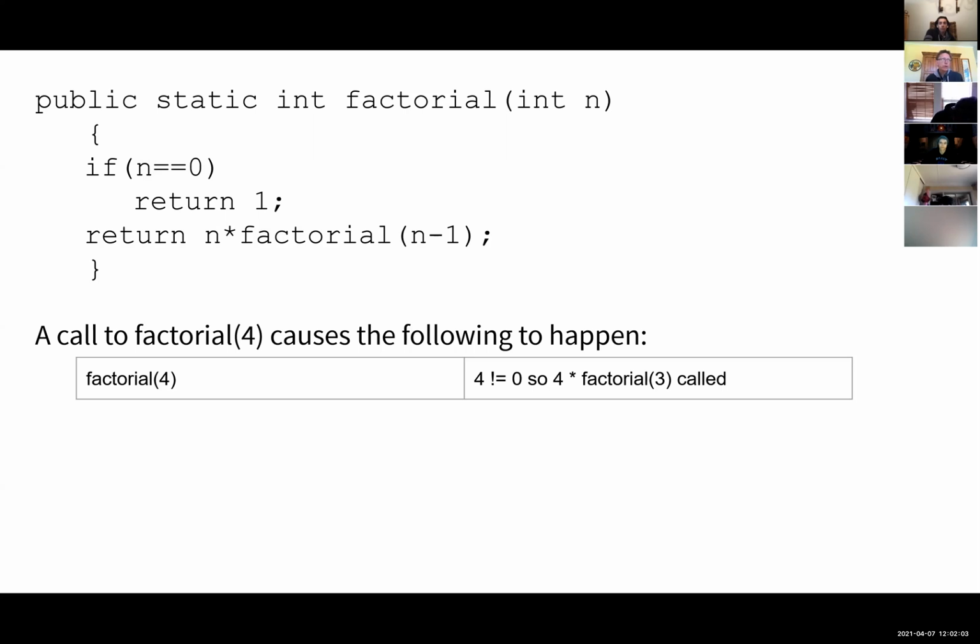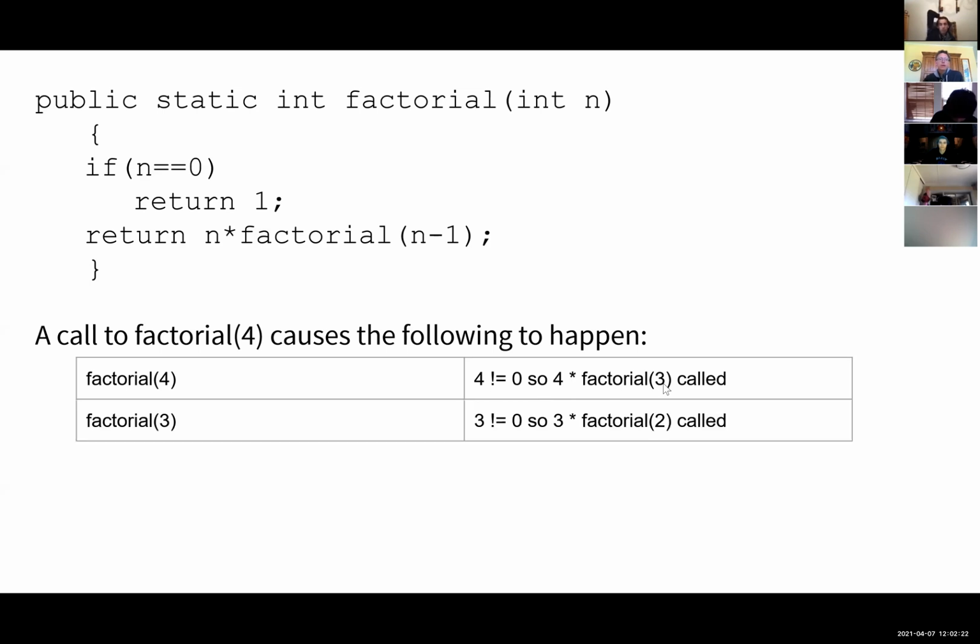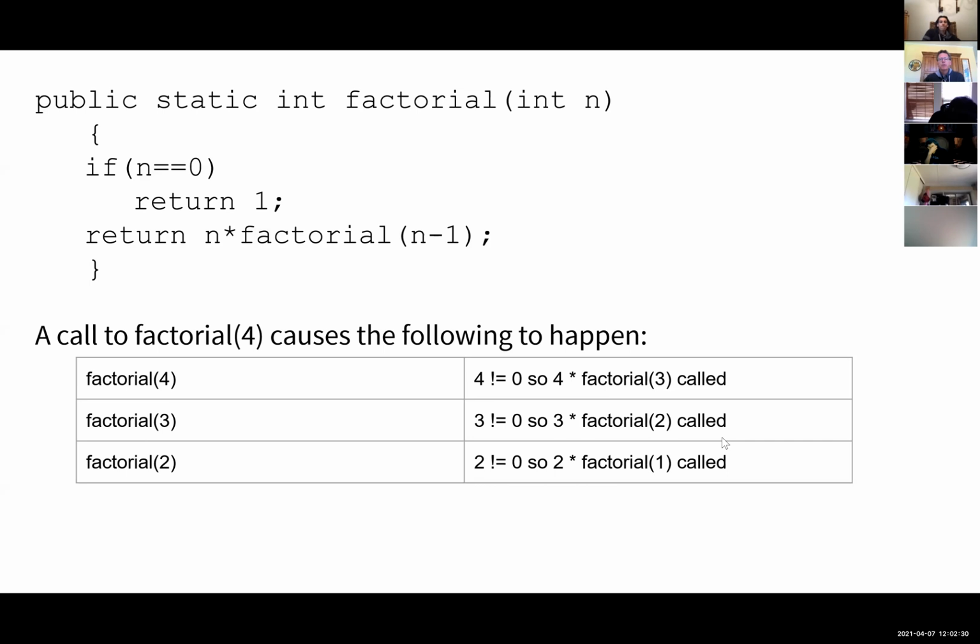So 4 factorial is 4 times 3 times 2 times 1. But if you call 4 factorial, over here on the right, I say 4 is not equal to 0. So it returns 4 times factorial 3. Okay, and when we call factorial 3, 3 is not equal to 0. So I say called here, it really should say returned.